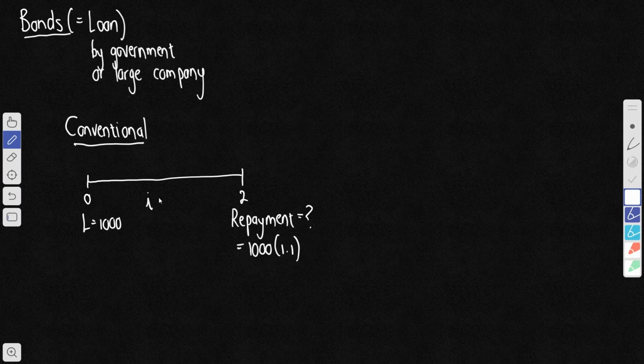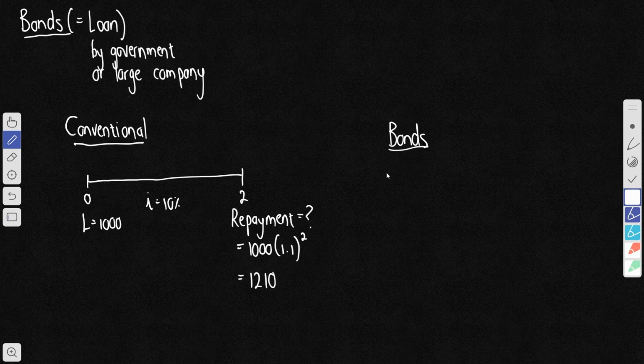The interest rate is 10% in this particular example to the power 2 because the loan is for a period of 2 years. And this is equal to $1,210.